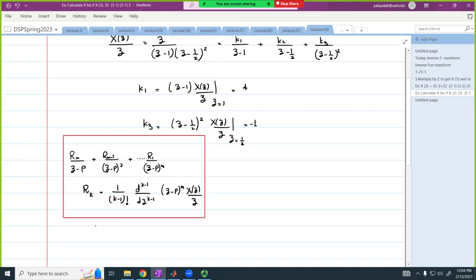So in our example, we're trying to calculate K2, which is going to equal 1 over (2 minus 1) factorial, and then the derivative d by dz to the power of 2 minus 1 of (z minus 1/2) squared multiplied by X of z divided by z, and we're going to substitute when z is equal to 1/2.